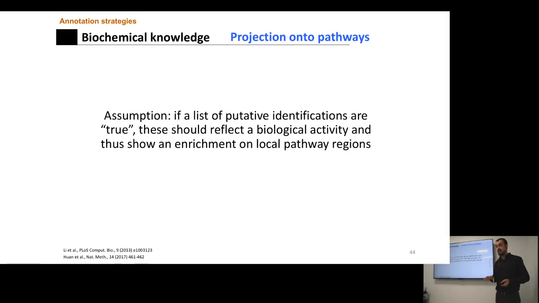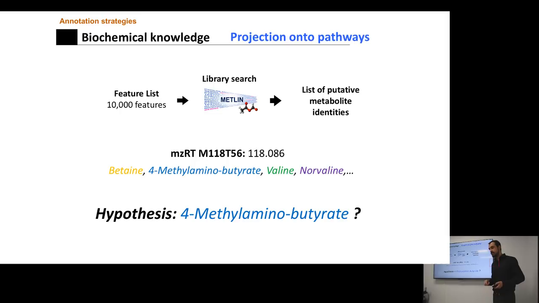What does this mean? Let's show this with an example. Let's say that we have a feature list with 10,000 features, and we start identifying just by taking into account the accurate mass, and we identify all these features putatively, and we have a list of putative metabolite identities. Let's go one by one through all the dysregulated features that we have.